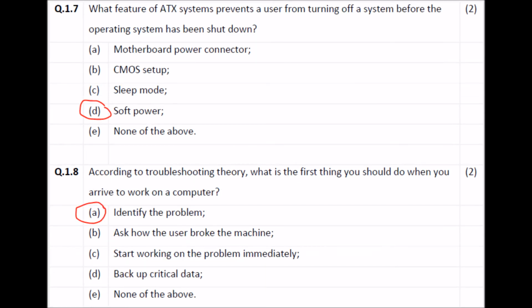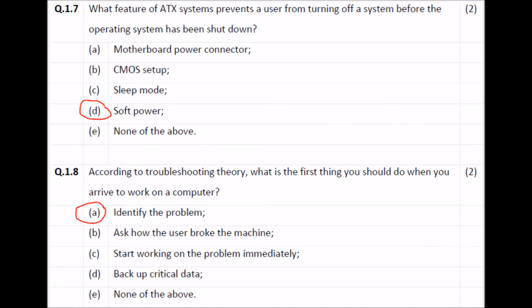And then 1.7, feature of ATX systems. Remember when we were discussing, this is now looking at the power supply chapter. When you look at boards in general, the actual feature that enables you to shut down the operating system without touching your power button is what they call soft power.